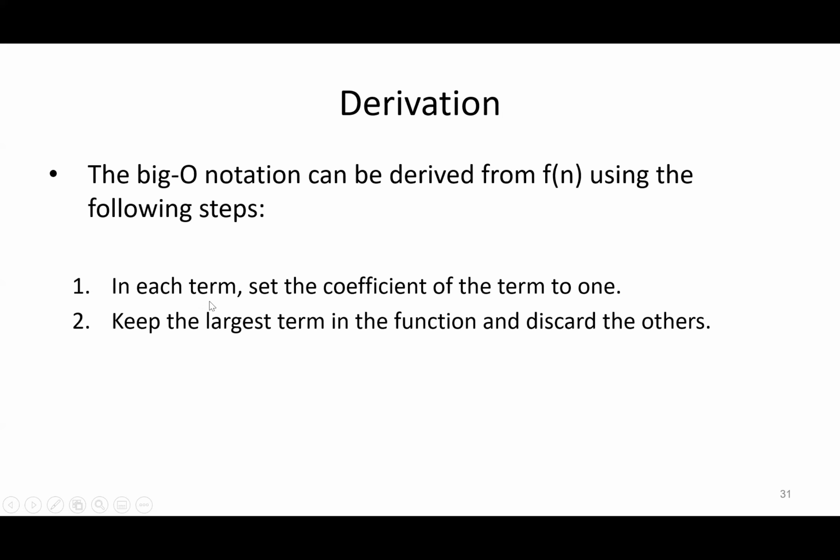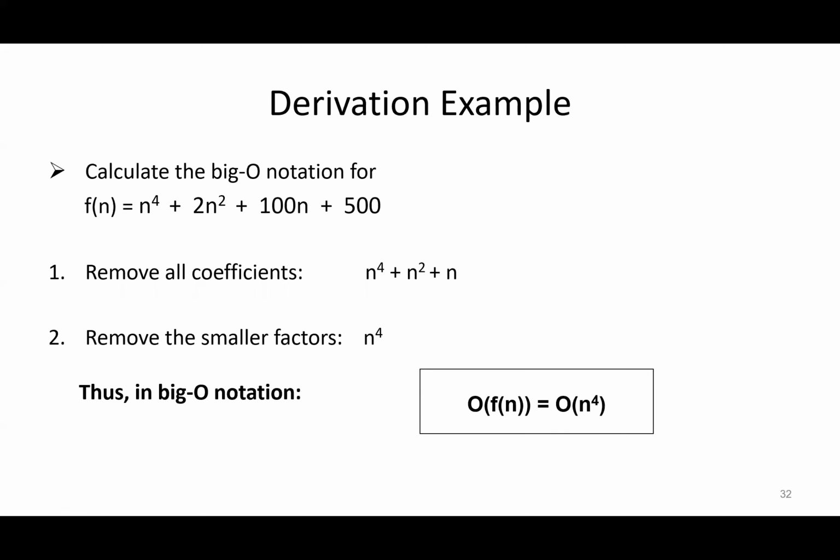There are 2 steps that you can use. The first step is, for each term in your F(n), you set the coefficient to 1. It's like you can remove all the coefficients you don't need. Then the second step, just keep the largest term among all the terms that you have, and remove the others. Let's look at one example. Let's say my F(n) is n power 4 plus 2 n power 2 plus 100n plus 500.